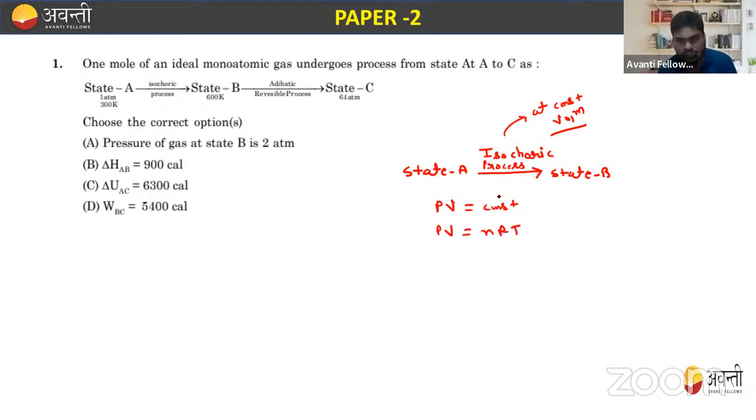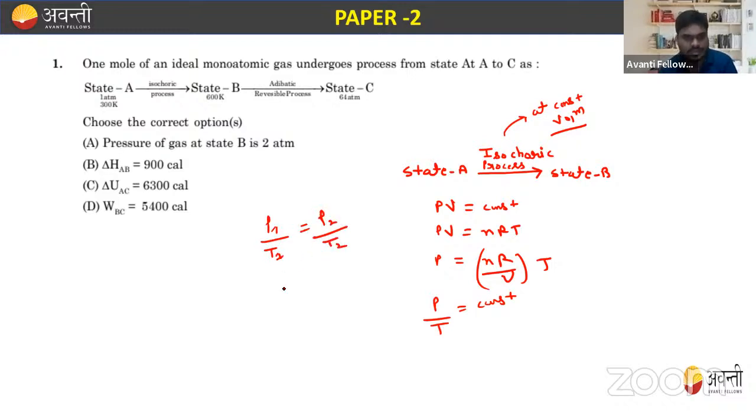So in case of isochoric process, this V remains constant. So this nR upon V, this whole term remains constant. So we can write P upon T is equal to constant. So we can write now P1 over T1 is equal to P2 over T2, right? So what is P2 here? So P2 is nothing but P1 into T2 over T1.